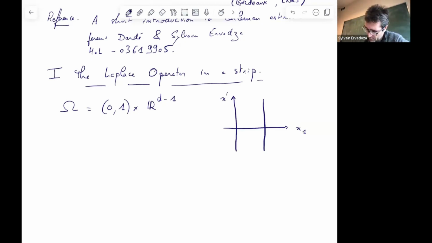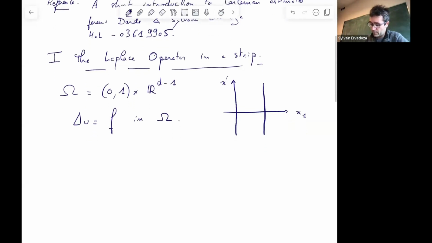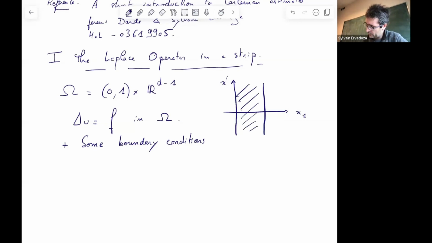And I will consider the problem Laplacian u equal to f in omega. So for this problem, as usual, you need to add some further information, so some boundary conditions. So again, omega here is the vertical strip.